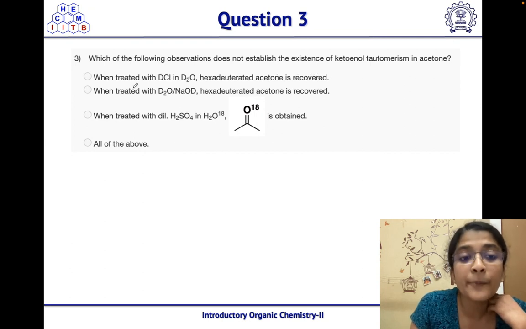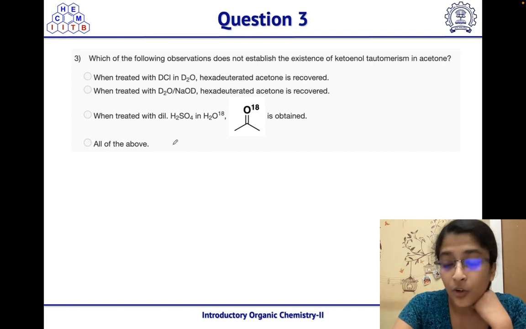Then when treated with D2O and NaOD, hexadeuterated acetone is recovered. Then the third option is when treated with dilute H2SO4 in H2O-18, this isotope of oxygen, then acetone with the oxygen-18 isotope is obtained. And the fourth option is all of the above.